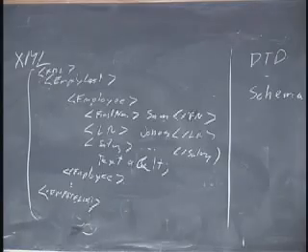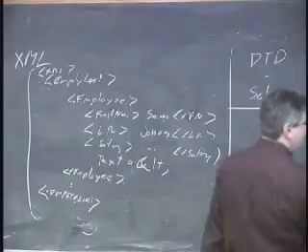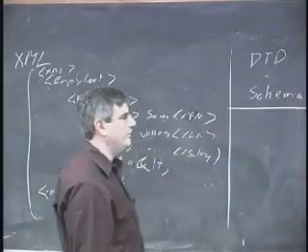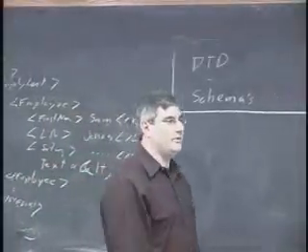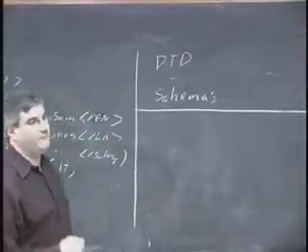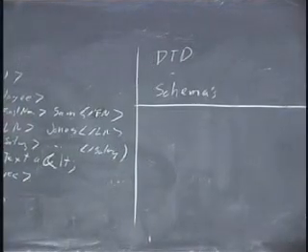So, schemas. Okay, so now you've got a file with this stuff in it, and you've got a DTD from somebody, or a schema that tells you what its syntax is. How do you use it in your program? You want to read this in, manipulate it, format it for the user, or create one of these.